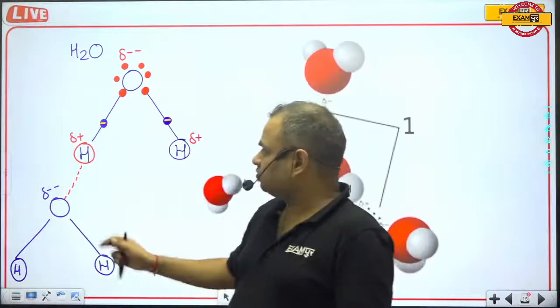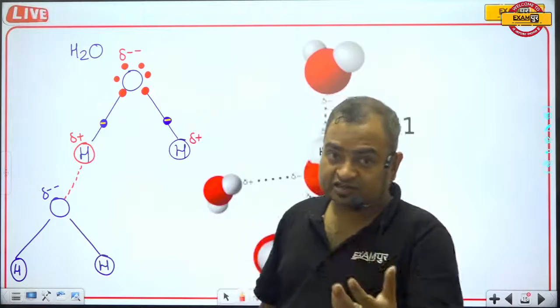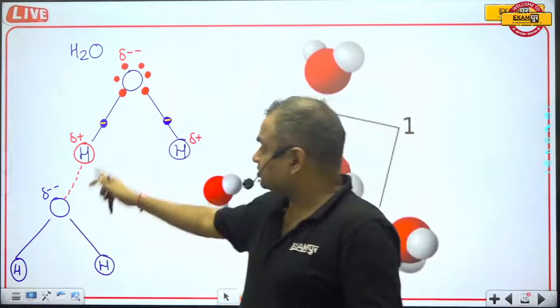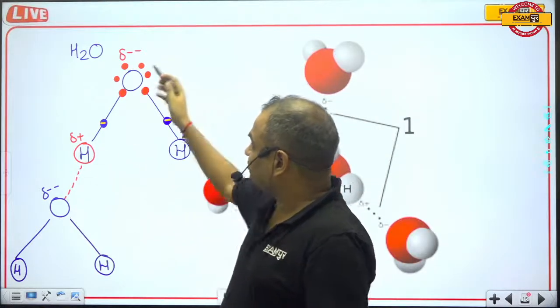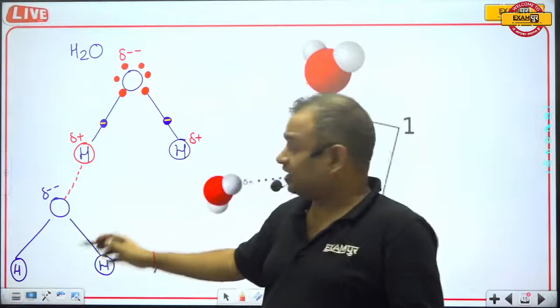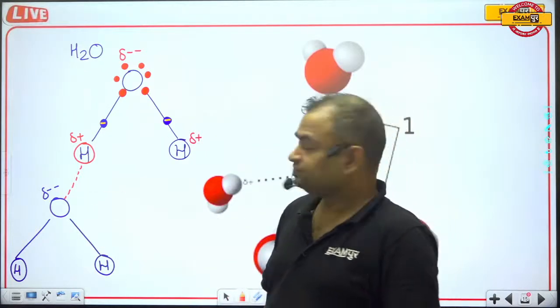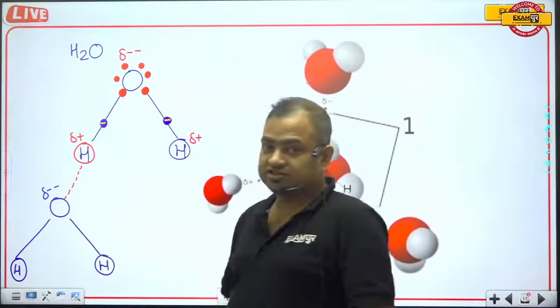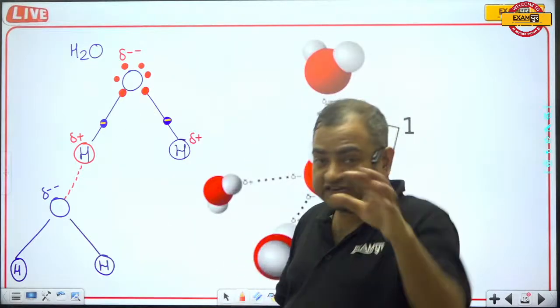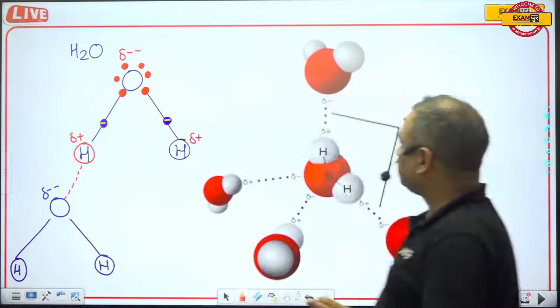We all know that positive and negative charges attract each other, and due to this attraction these two molecules get connected. Such a relationship in chemistry is known as hydrogen bonding.